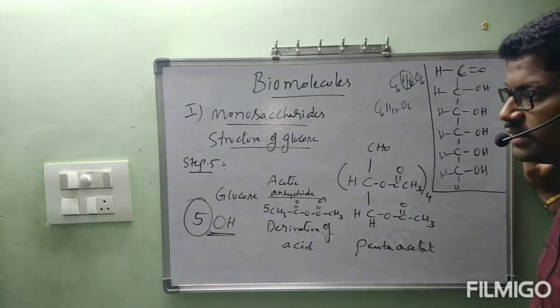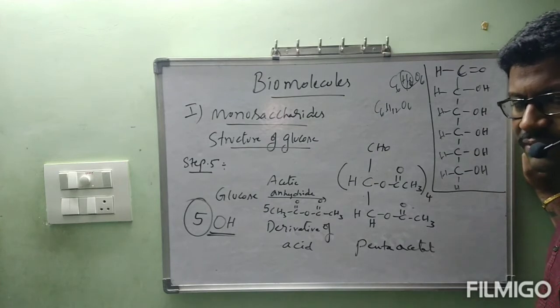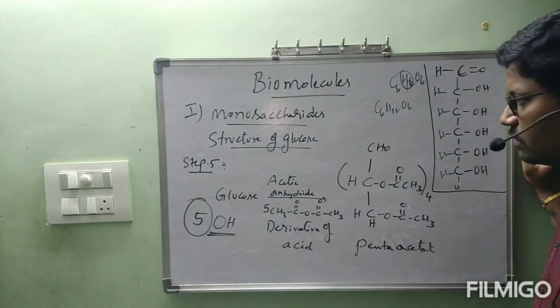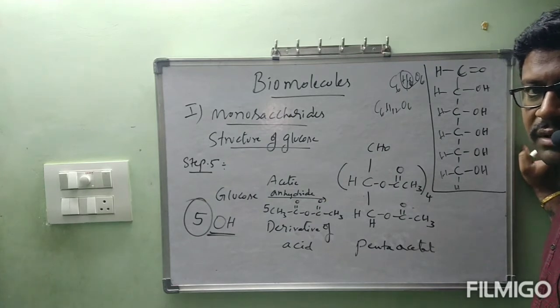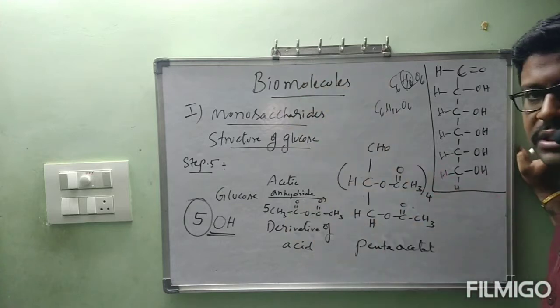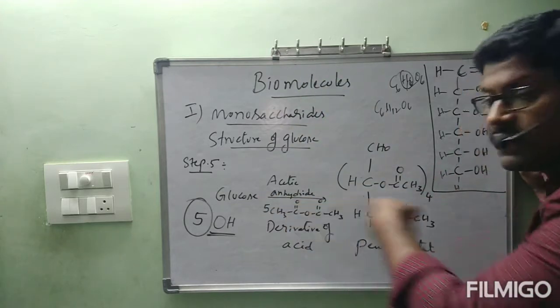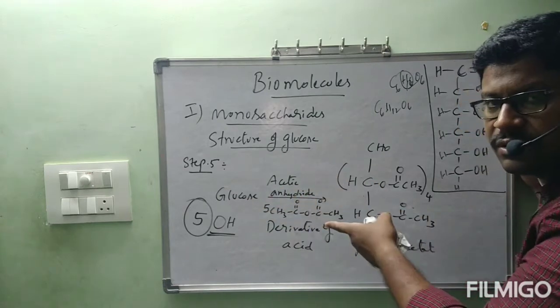But one more reaction is there, step 6. That step 6 is a simple conversion only. That one also we will see. So by using all these steps, we are going to conclude the structure of glucose. That one okay. But before that, I hope you understood this one. Step 5, how this reaction is happening, I will show.